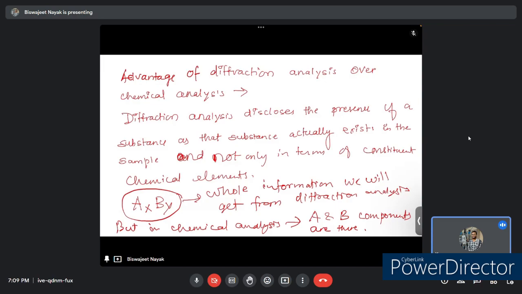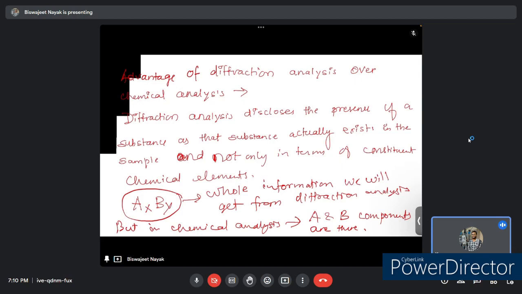So what is the need of such a system of classifying the known patterns, so that one can match the unknown and easily identify a substance? And such a kind of system was devised by Hanawalt.